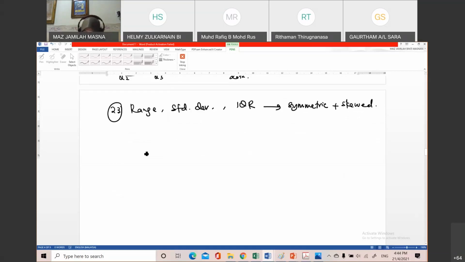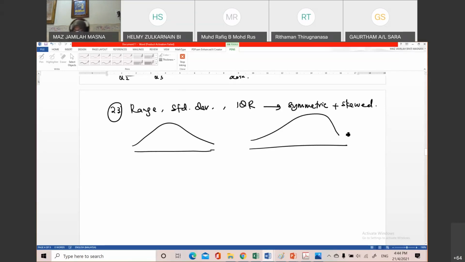So let's say, no need for the box plot, if you draw your distribution symmetric, distribution skewed, for example. Okay. Now, what will be the best measure of dispersion?